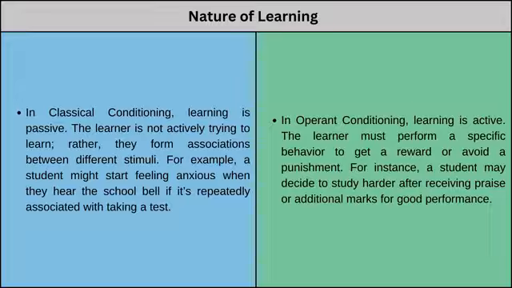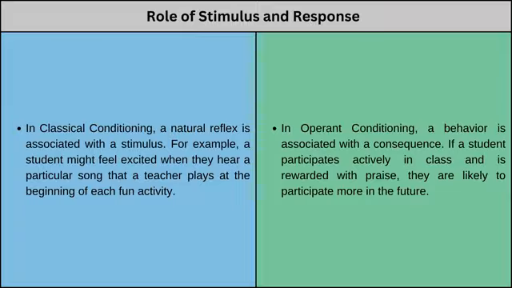Another difference can be seen in the role of stimulus and response. Classical conditioning is a form of learning which involves associating a natural reflex with a new stimulus. For example, if a teacher plays a particular song at the beginning of each fun activity, over time, students might start feeling excited just by hearing that song.